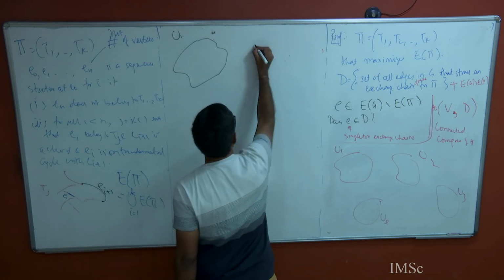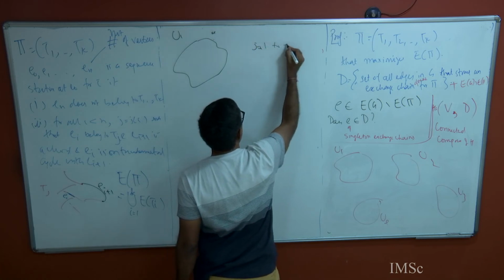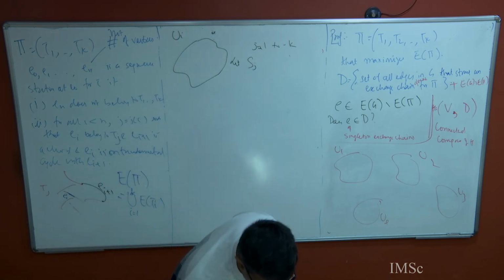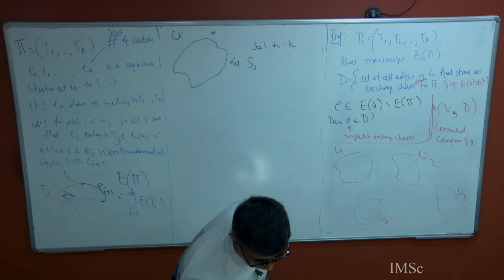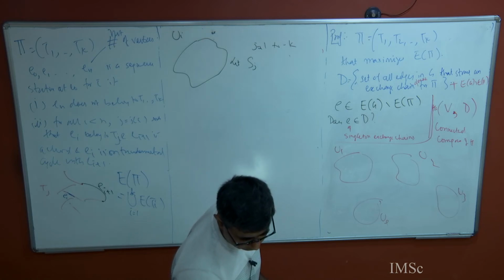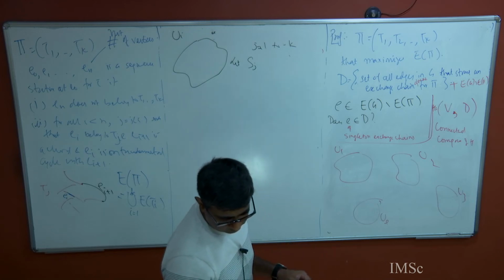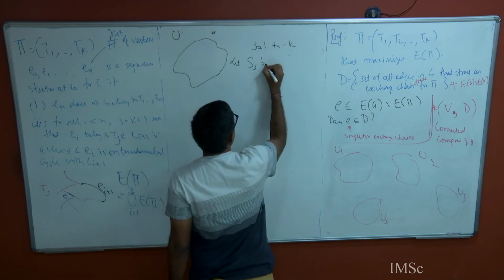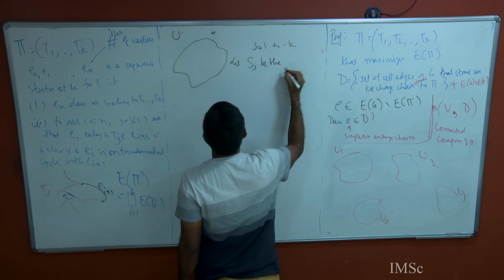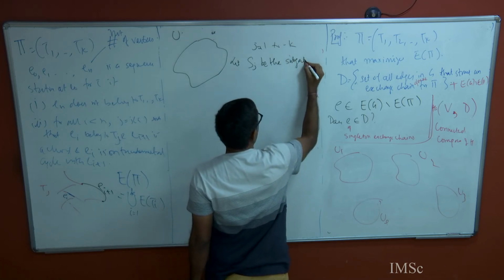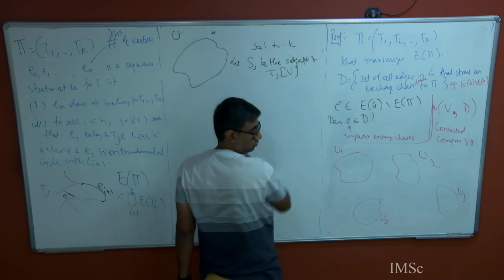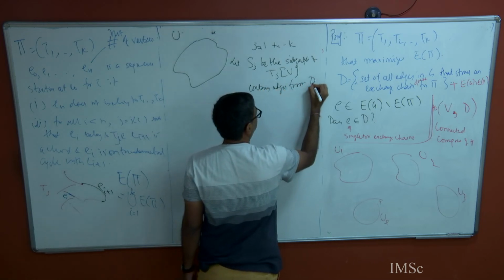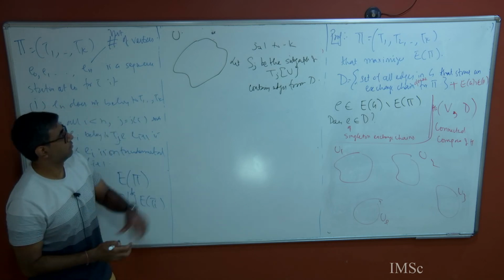For j equal to 1 to k, let Sj be the subgraph of Tj, the subgraph of T containing edges from D. Okay, so that is what my Sj is.